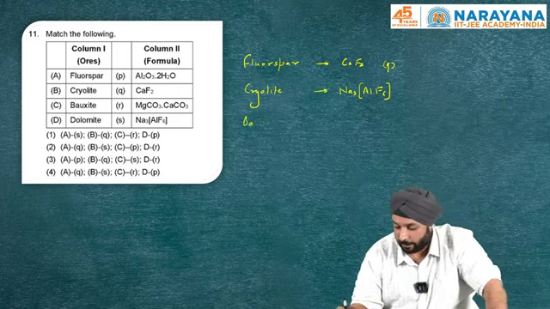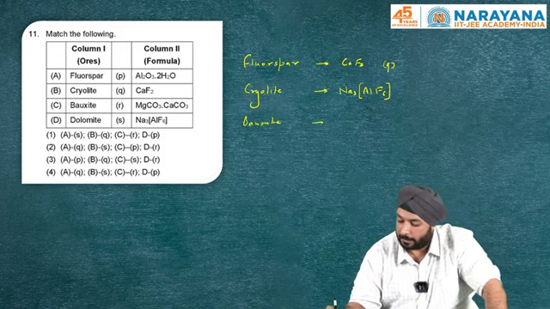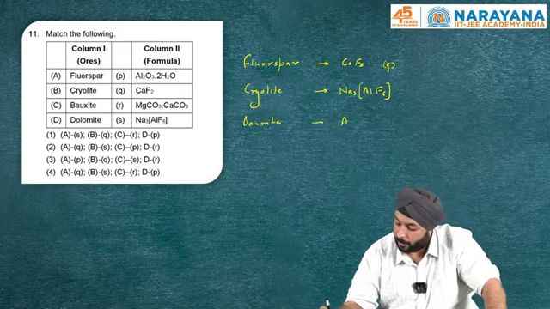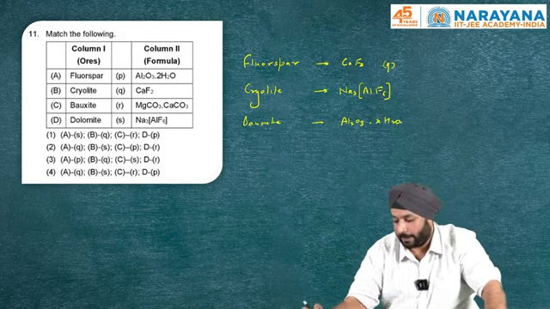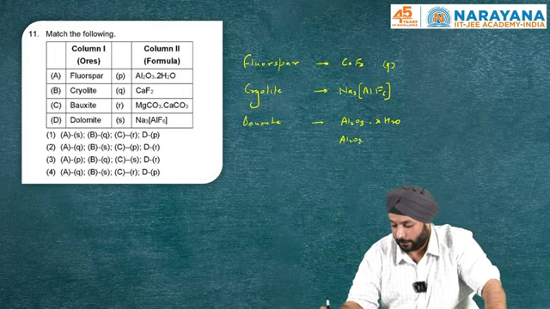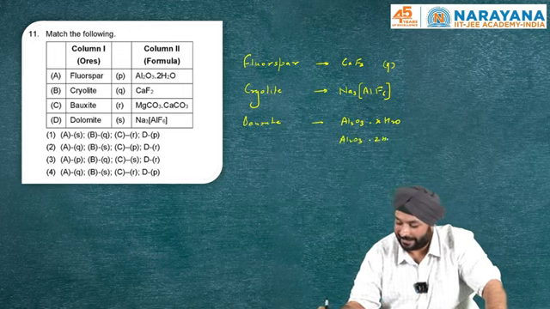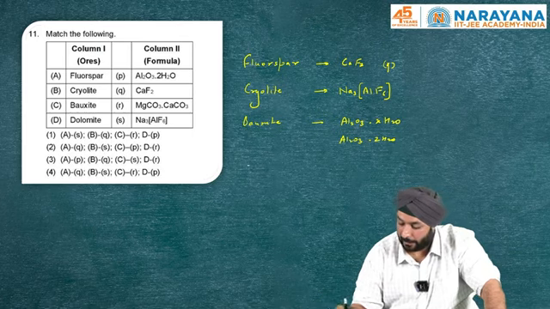Bauxite, it is Al2O3 dot xH2O, right? That is 2H2O, which is given to us, right? And dolomite.